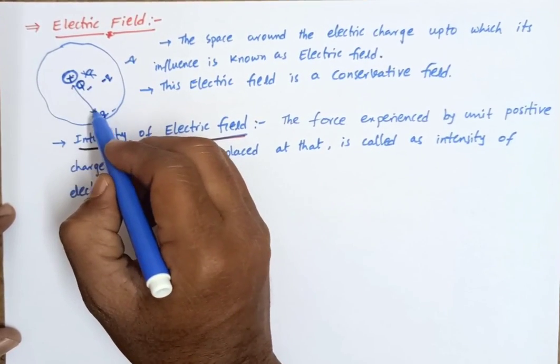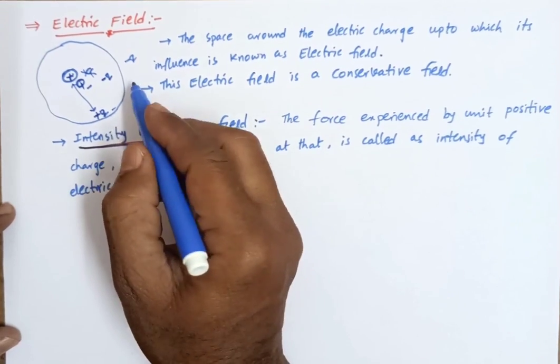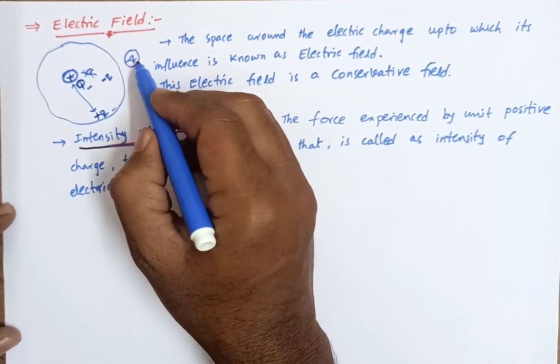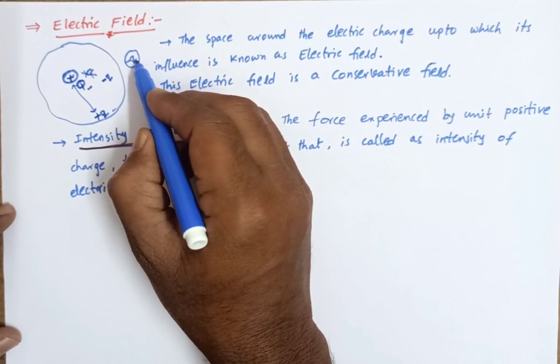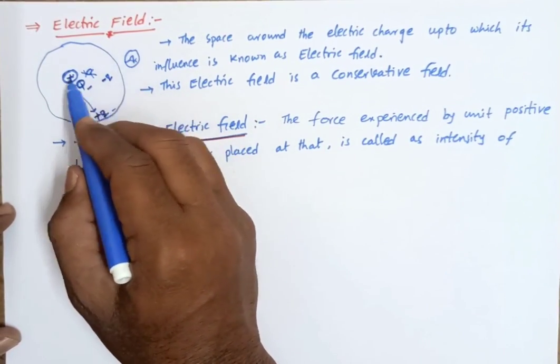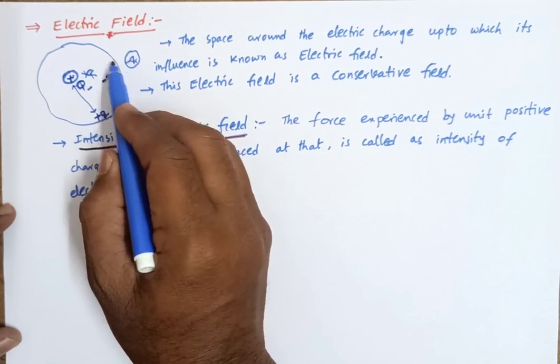The repulsive force occurs between these two charges. For example, a negative charge minus q is kept at this point. What happens here? No force occurs, either positive or negative.